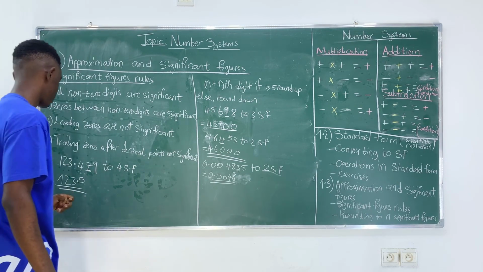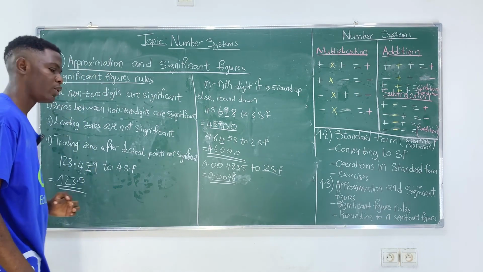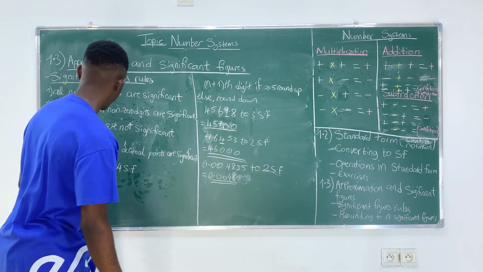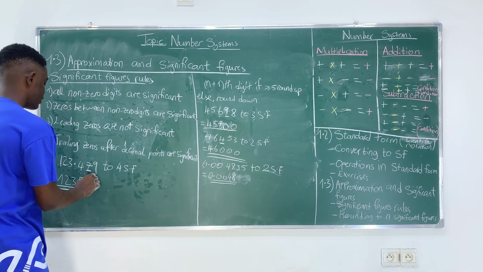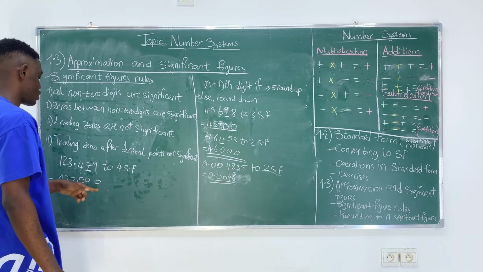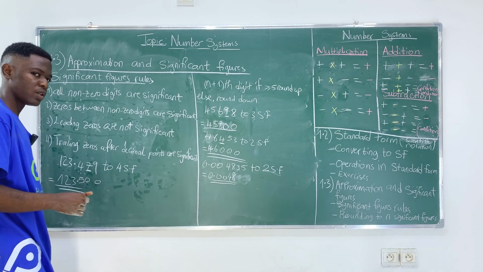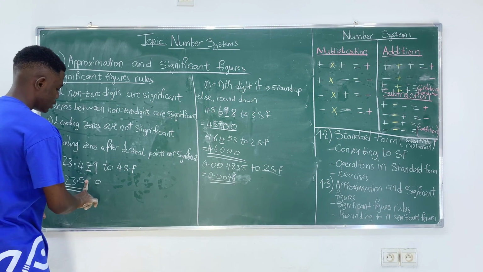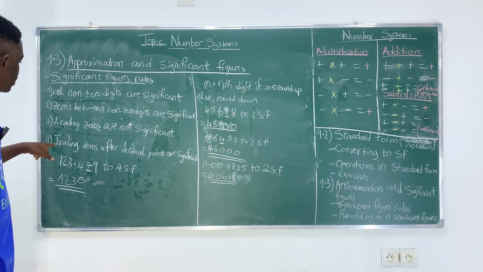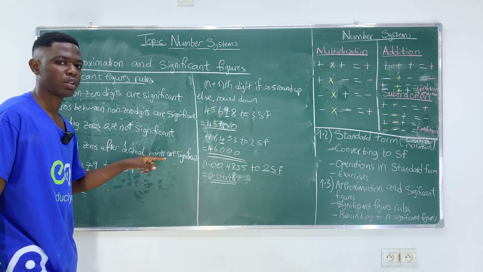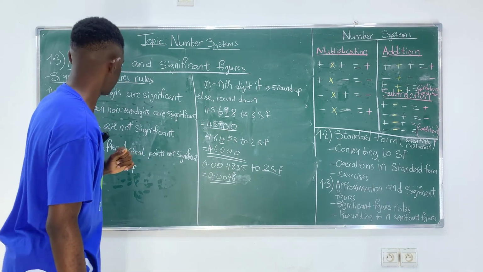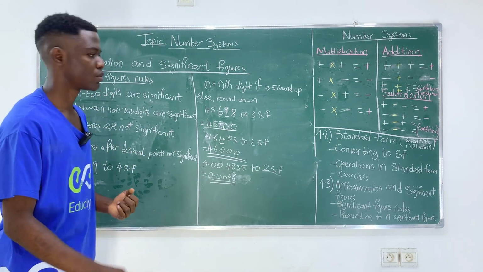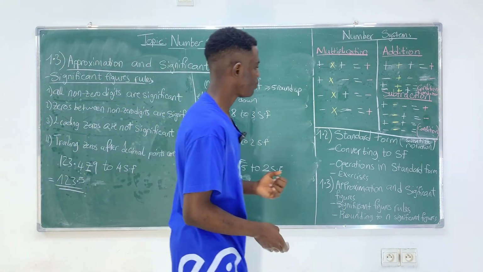And this is going to be the answer. I don't actually write 0, 0 here because it is going to add to the number of significant figures. If I write 0 and 0 here, I will have 6 significant figures because those zeros will be after a decimal point. And remember, trailing zeros after a decimal point are significant figures. So I leave it like this, and they are in 4 significant figures.